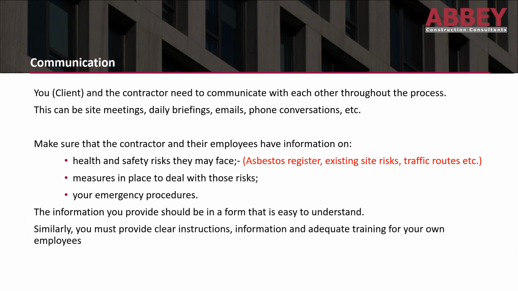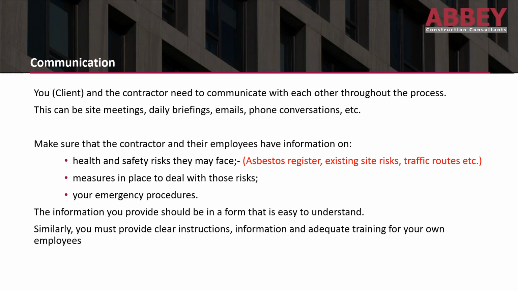Communication, so the client and the contractor need to communicate with each other throughout the process. This can be site meetings, daily briefings, emails, phone conversations, team meetings, etc. Make sure that the contractor and their employees have got information where relevant for any health and safety risks that they may face whilst undertaking that work.